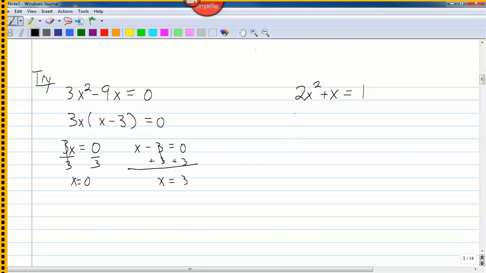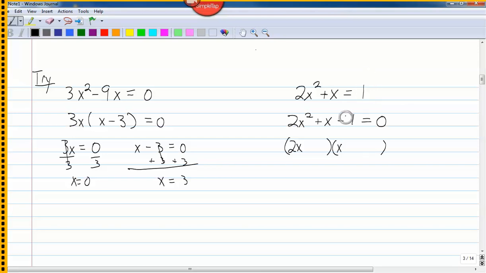Alright, let's try this other quadratic. So you move the positive 1 over to the left side, it'll be a -1. The only way I can break up 2x squared is 2x and x.